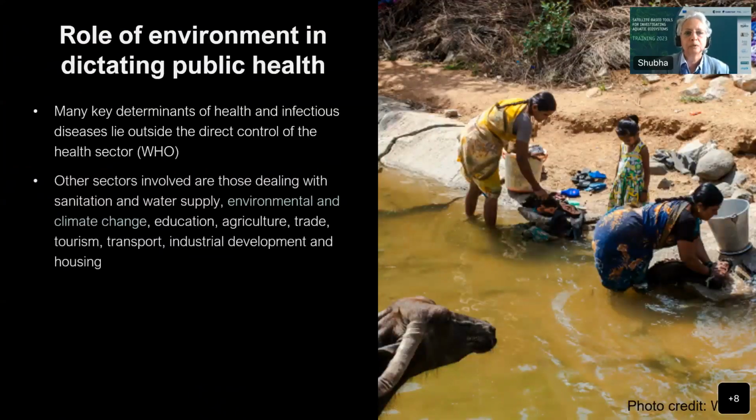Now, these are all health problems, and we are at a course on remote sensing and water. So it might be fair to ask, what's it got to do with us? The reason is that many of the factors that determine health and the outbreaks of infectious diseases or its treatment lie under the direct purview of the health sector.